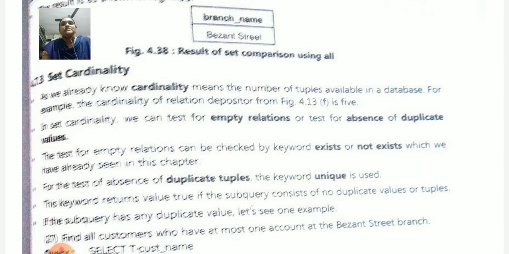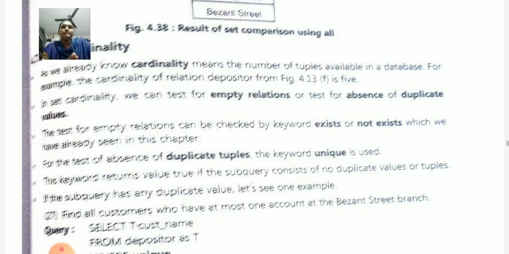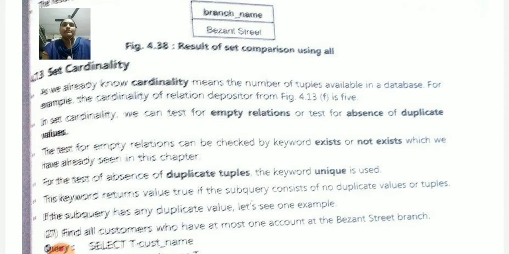Okay, now we will see set cardinality. Cardinality means the number of records present in the table. As we already know, cardinality means the number of tuples or records available in a database. For example, the cardinality of relation depositor from figure 4.13 is 5, which means in the depositor table there are 5 records.